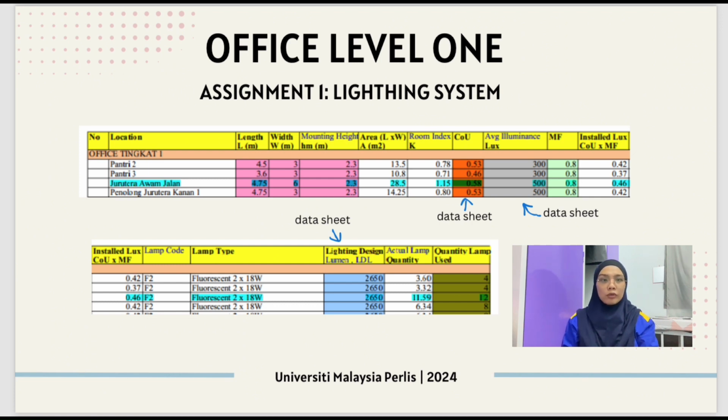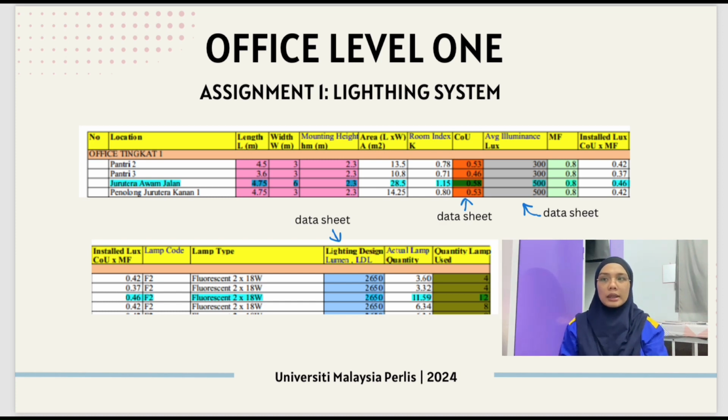So today I will explain and present assignment 1, lighting system. For the office, we know that it has 2 floors, which are the ground floor and first floor. From the slide, we can see the table of data. For the column length and width, the data we can get from AutoCAD. So first things first, before we start the Excel table, we must measure in AutoCAD first.